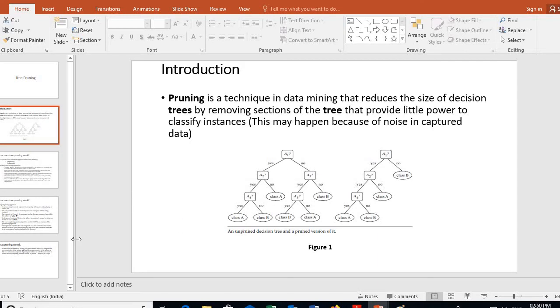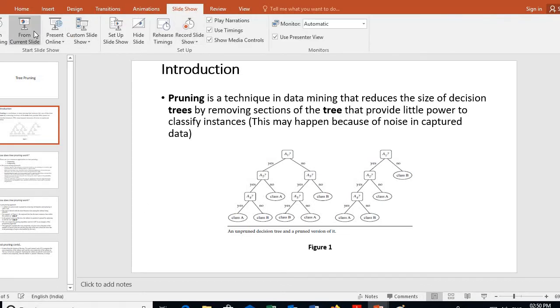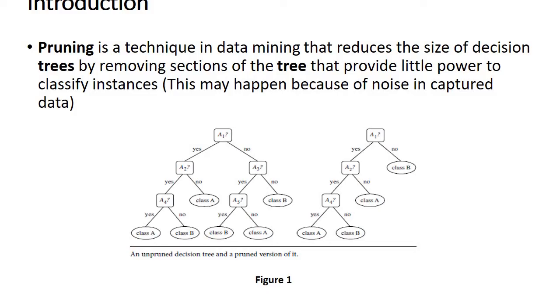Like how you can see here, let me just slide show it. So the first tree, what you can see here, is a tree that we have got maybe by the application of information gain as an attribute selection measure.